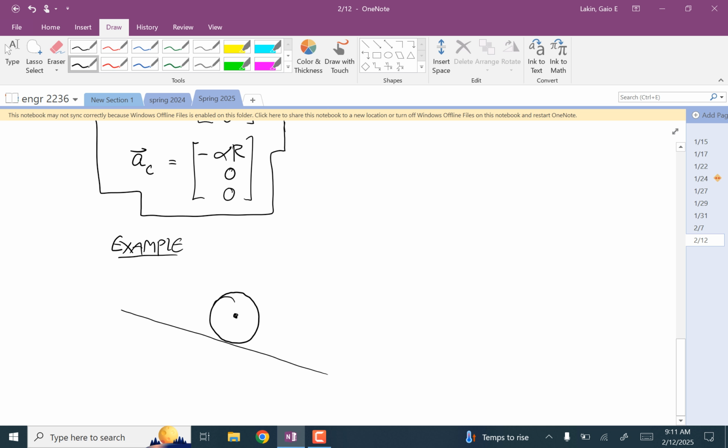It has an angular velocity this way of 4 radians per second, and an angular acceleration also this way of 6 radians per second squared. And the radius of this thing, I'll just draw it in here, is 0.2 meters.